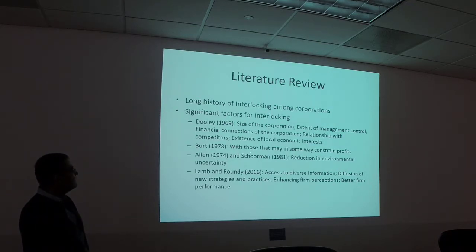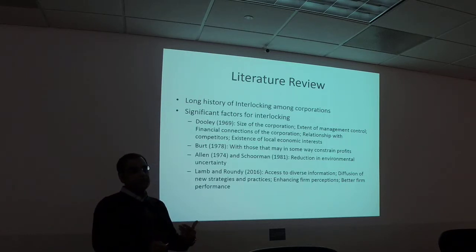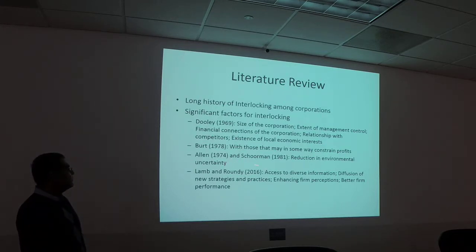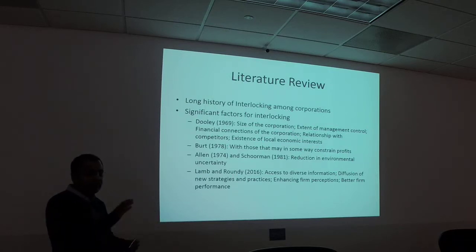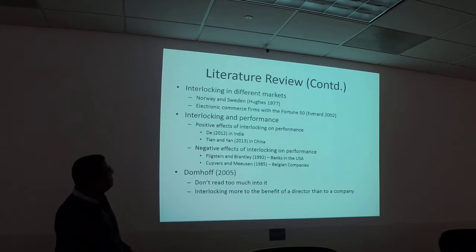Burt in '78 talks about how companies would interlock if another company was in some way able to constrain their profits, like a major supplier perhaps, or a major customer. Others talk about reduction in environmental uncertainty, and most recently Lamb and Roundy have talked about accessing information and diffusion of best practices and so on. So we'll see a little bit of everything in the evidence as we walk through it.